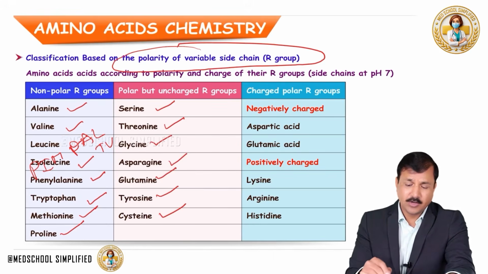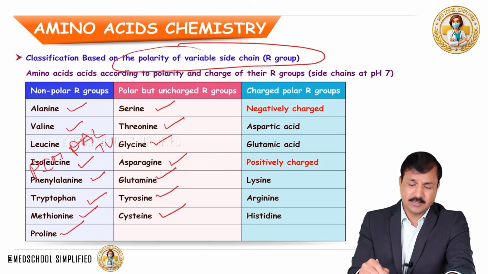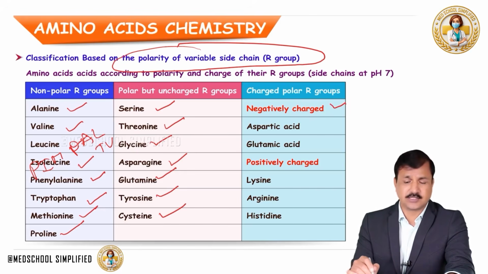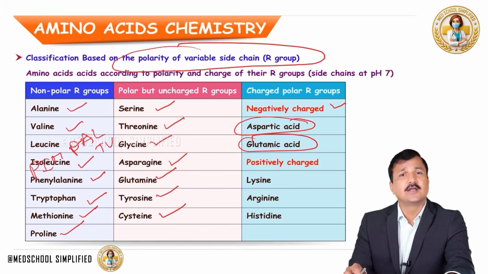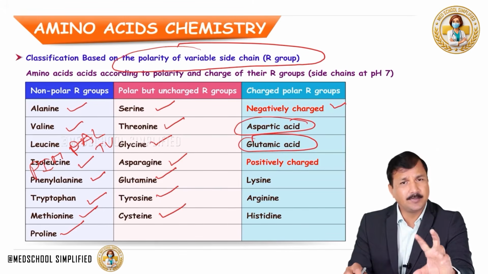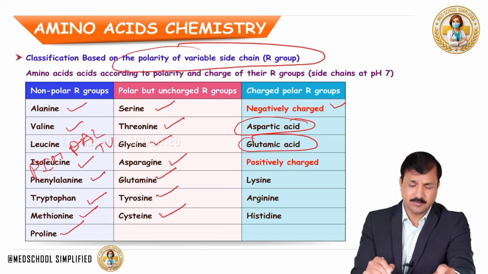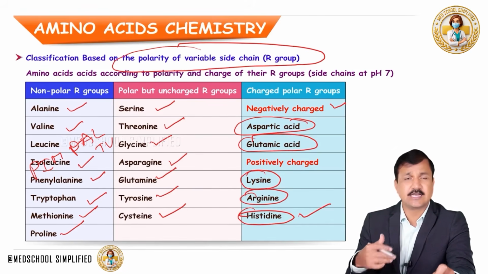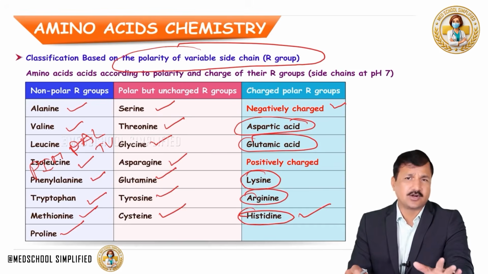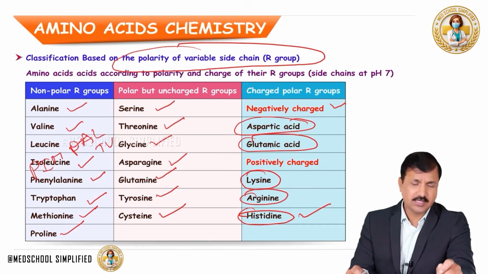Now polar amino acids that are negatively charged under physiological pH are aspartic acid and glutamic acid, whereas polar amino acids which contain positive charge under physiological pH are lysine, arginine and histidine. Out of these 3, histidine is a weakly basic amino acid, whereas lysine and arginine are strongly basic under physiological pH.